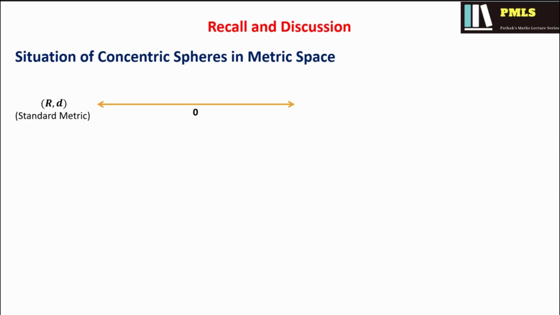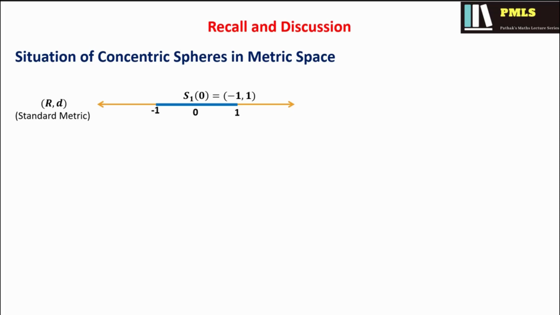and with the standard metric, you have the real line now with center as 0, and the metric is the standard metric. Now, if we imagine an open sphere with radius 1 and center at 0, the open sphere will be written as S(1,0), and that S(1,0) is nothing but an open interval with endpoints -1 and 1.